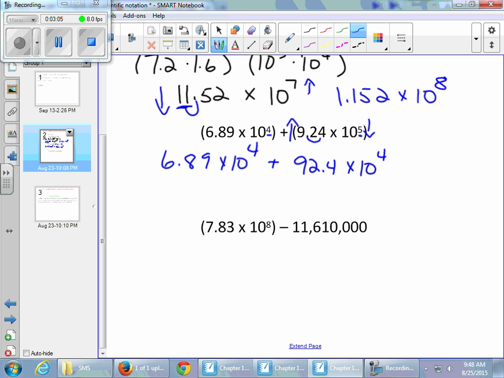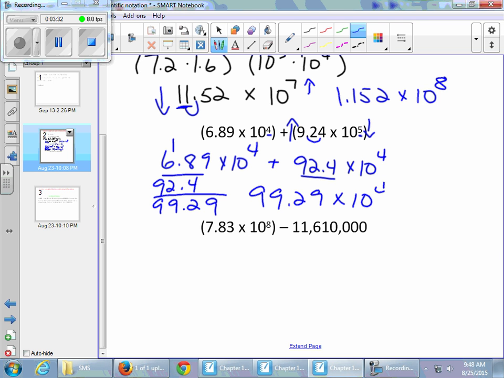We just need to add our first digits up here. 92.5 plus 6.89 gives 99.39 times 10 to the fourth.